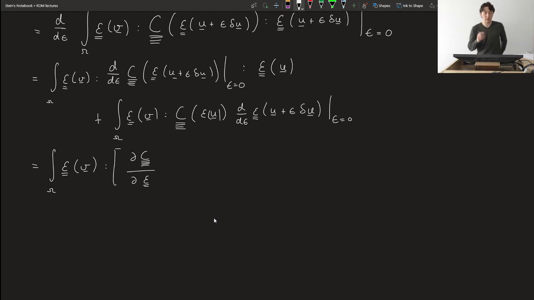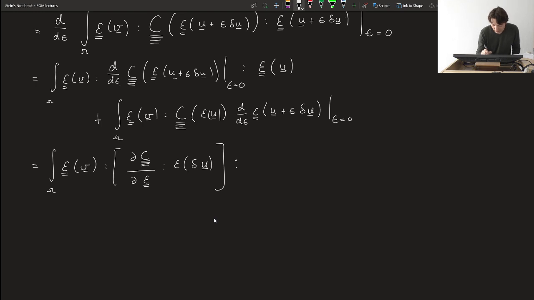I'm not sure how familiar you are with your tensor calculus, but if you take the partial derivative of an n order tensor with respect to an m order tensor, then the result is an n plus m order tensor. So this would actually be a sixth order tensor. So I need to double contract that now with, what did I write down? Well, with the derivative with respect to epsilon of the strain of this guy, and again that is linear, so that is simply going to give me the strain of del u.